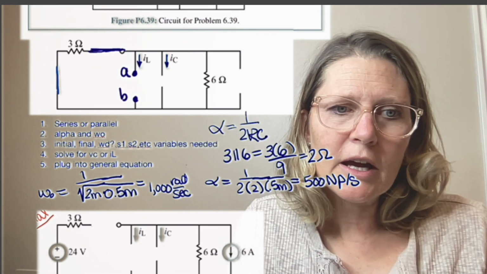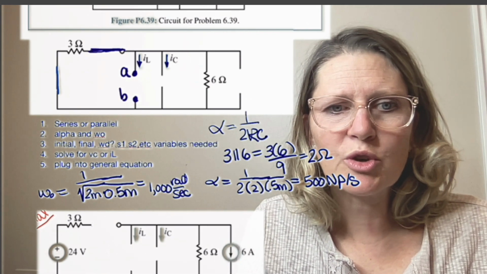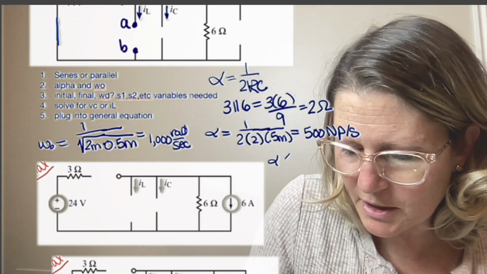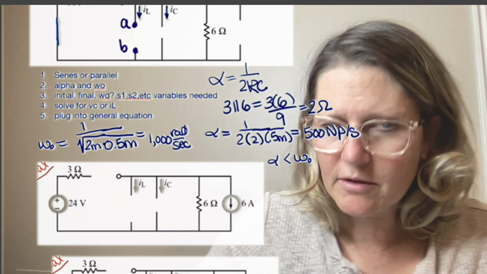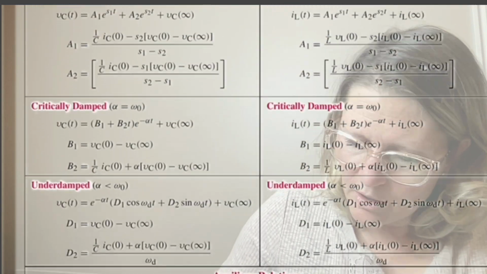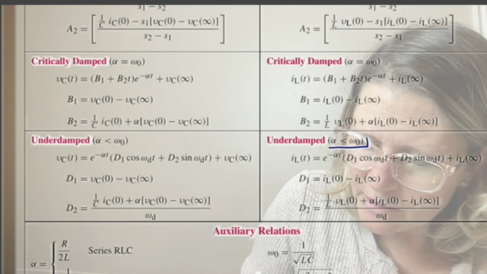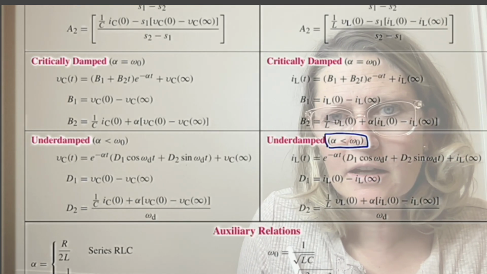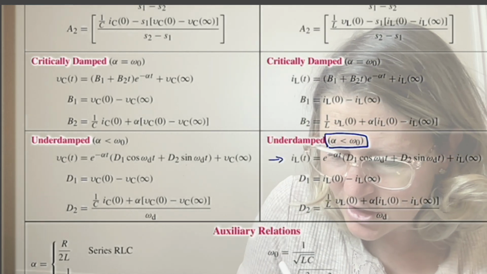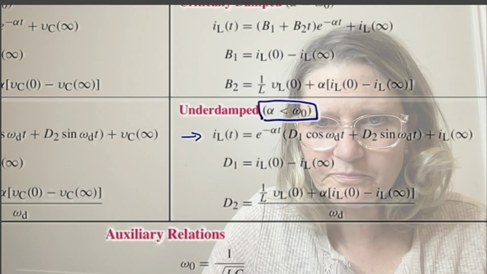Comparing alpha and omega naught, you can see that alpha is less than omega naught, so we're going to be underdamped. Looking at the table, we're underdamped with alpha less than omega naught, and so here's our general form equation.